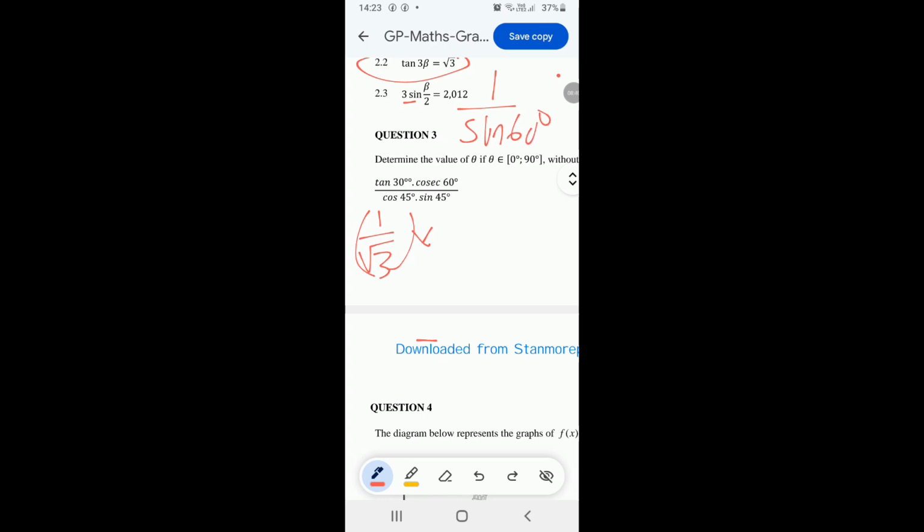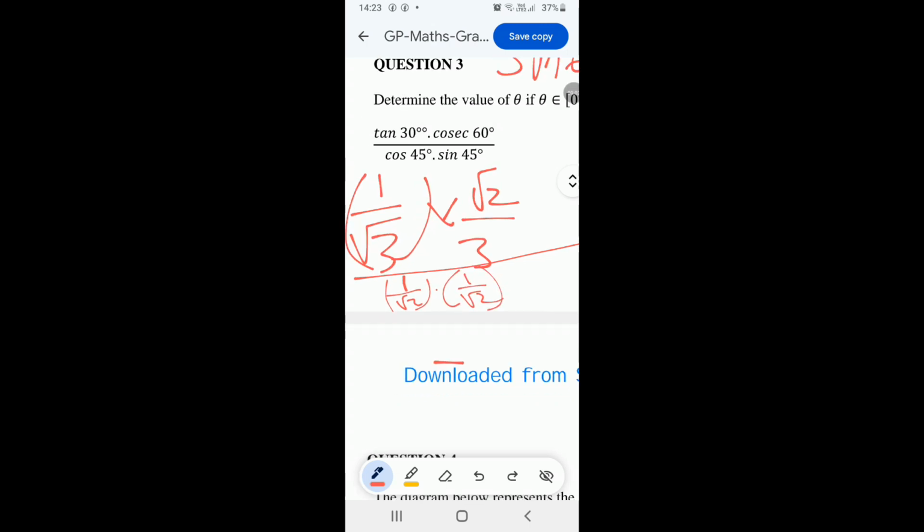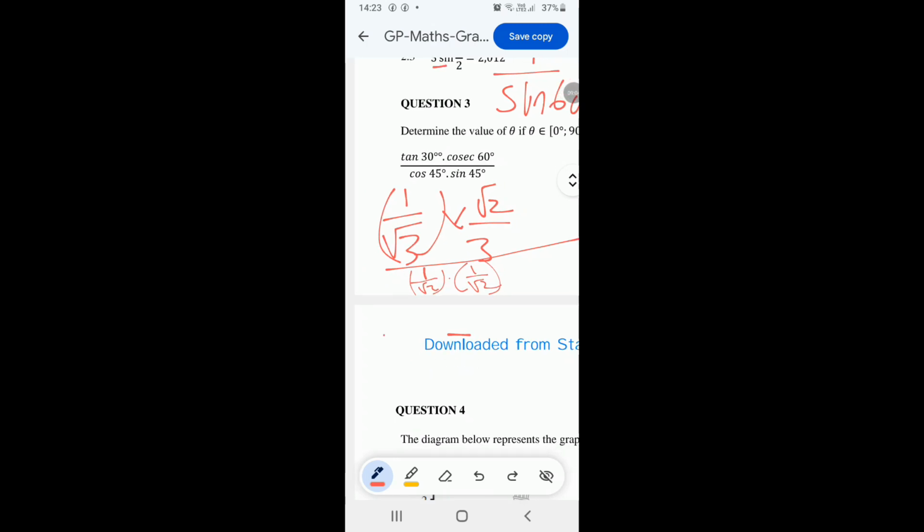You should get square root of 2 over 3, all over cos 45. Don't write square root of 2 over 2, write 1 over square root of 2. Sine 45, same thing, write 1 over square root of 2. You can punch that with a calculator. You get square root of 6 over 3. That's your final answer.